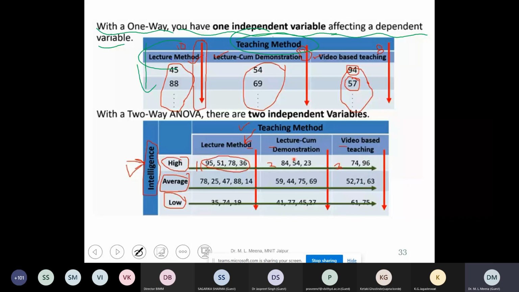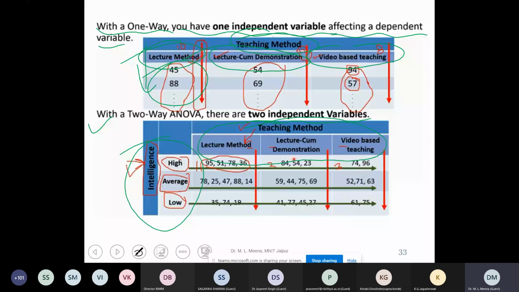These are the different scores of students according to the study. And second, with a two-way ANOVA, there are two independent variables. These are the three levels of teaching method and these are the three levels of intelligence. So we check between these.